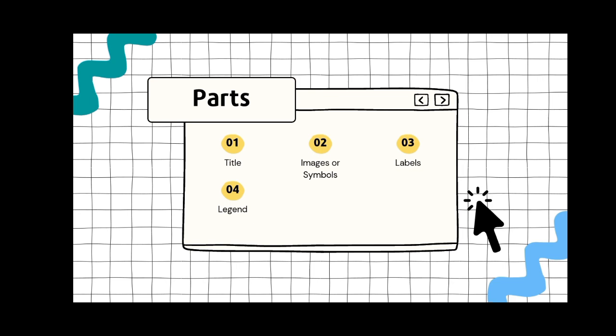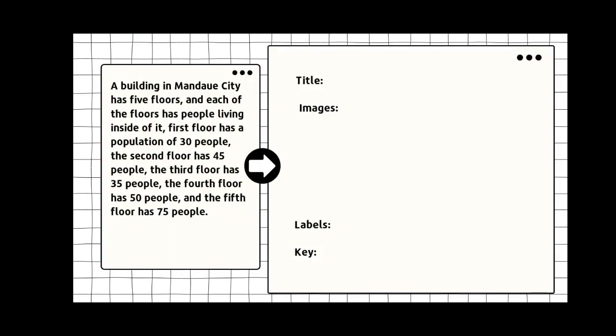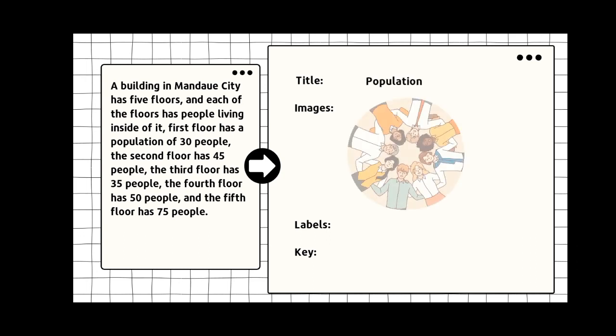So before we can even plot our graph, first let's assign what will be the title, the image that we'll be using or the symbols, also the labels and the legend. For the title, we'll be using population. For the image or for the symbol, we'll be using this to represent the people residing in each floor.